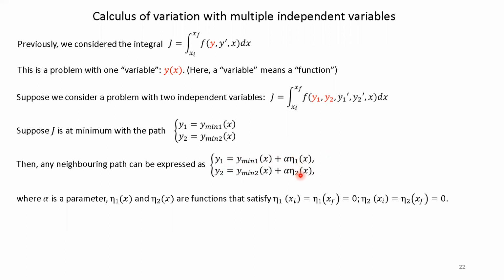Again, eta 1 and eta 2 can be anything, and in general eta 1 will not equal eta 2. But the nice thing is that we don't really need to know exactly what they are; we just need to care about the parameter alpha. Of course, eta 1 and eta 2 again have to satisfy the boundary condition.